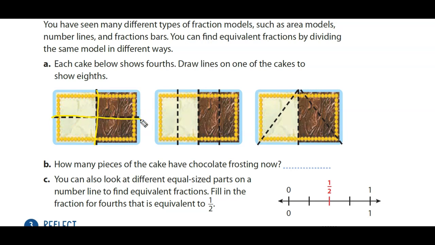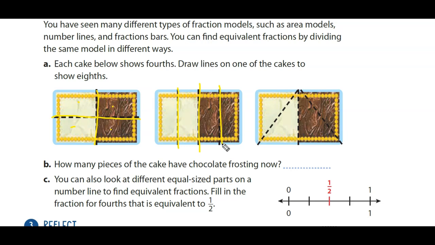Do we still have a half that's chocolate? Yes. Each one of these sections is still the same. Then divided the middle one like this. Is every section still the same size? Yes, it still is. And we still have half of the cake is chocolate, correct?